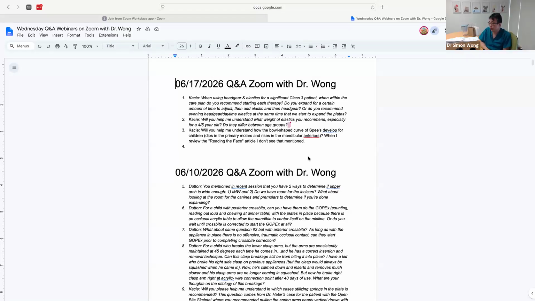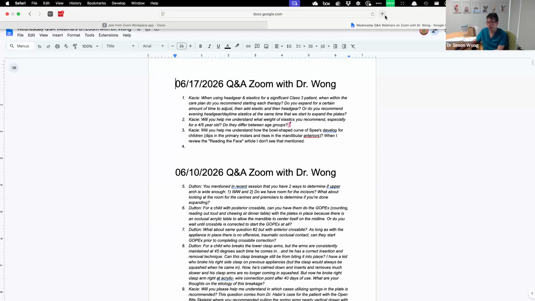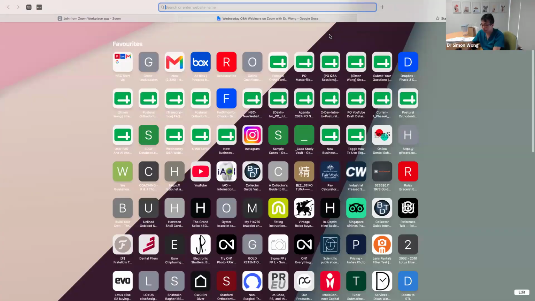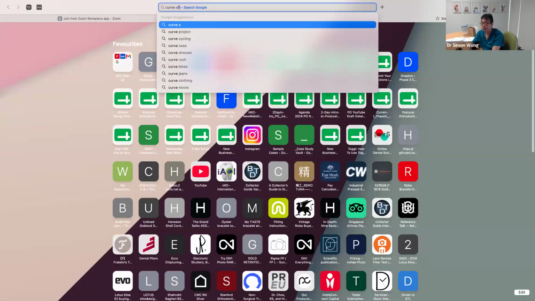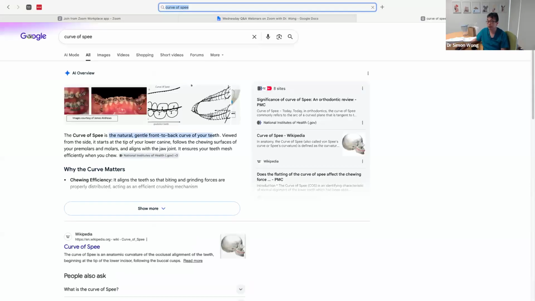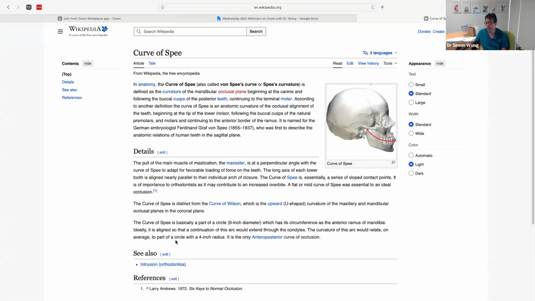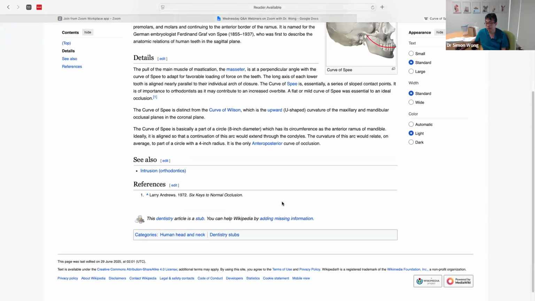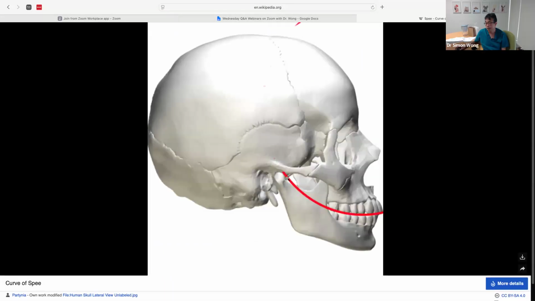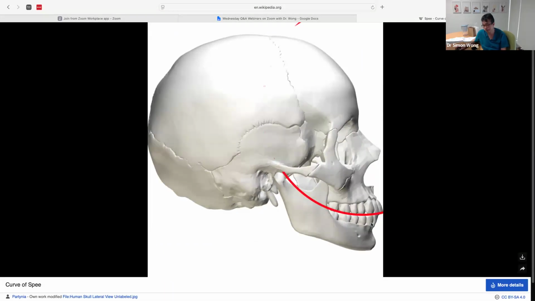So the curve of Spee pertains to the shape of the arch form. If you're ever in need, Google is your friend. All right, that's the curve of Spee.